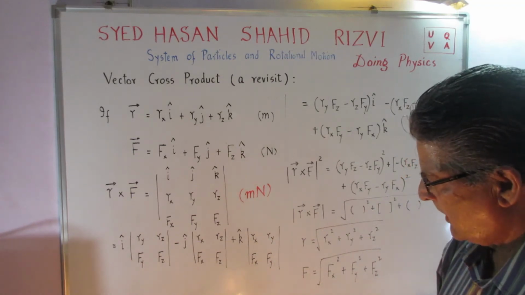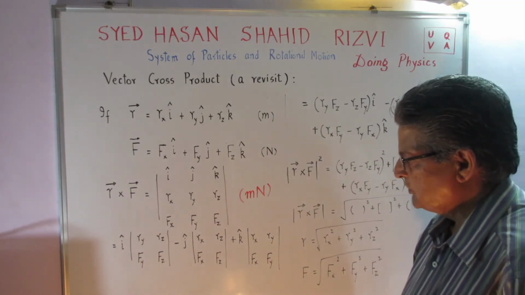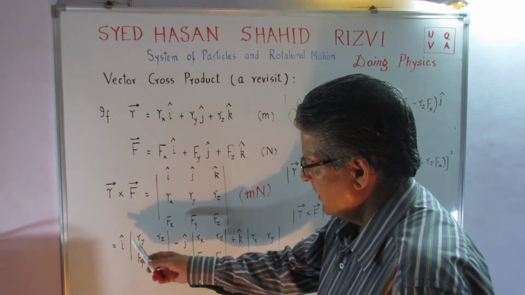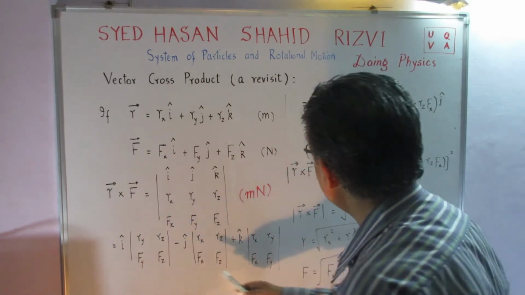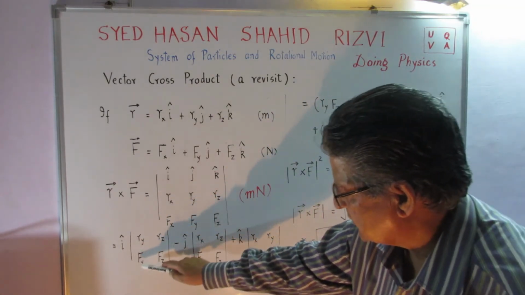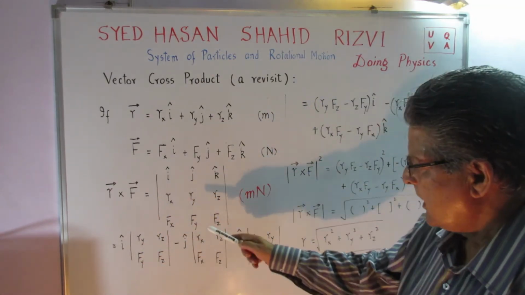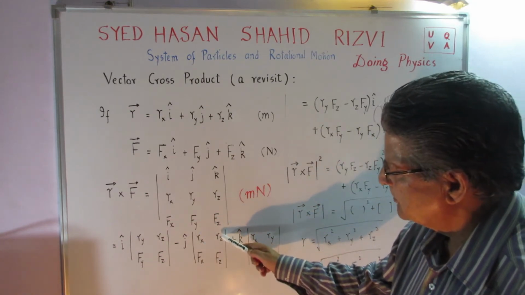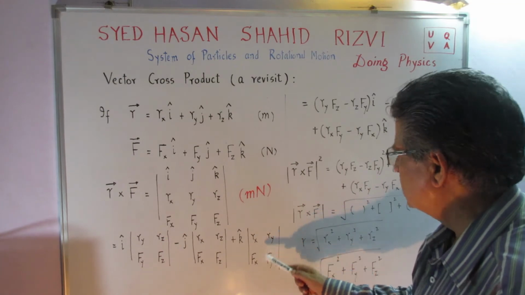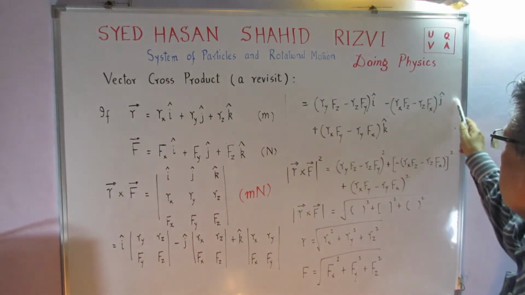Now you ought to know that if I want to write this as components, then I will write this into this minus this into this. This into this minus this into this. This into this minus this into this, which I have written over here.